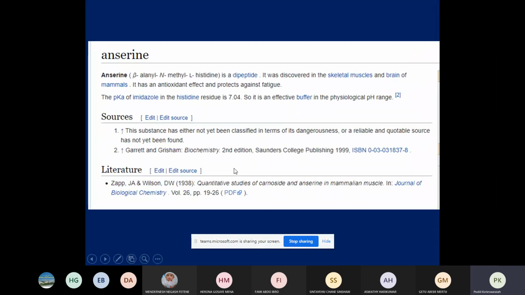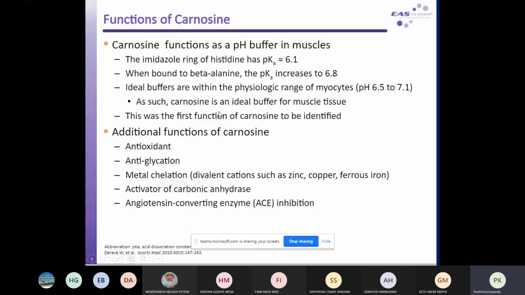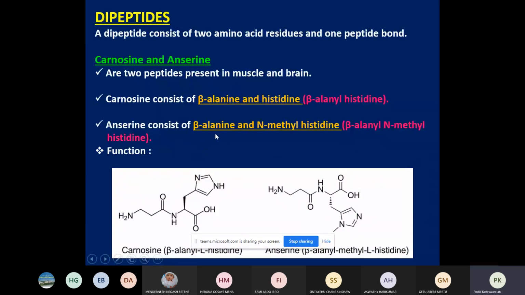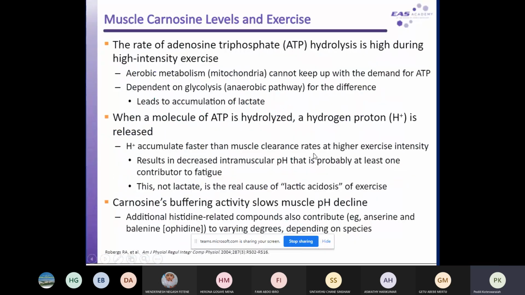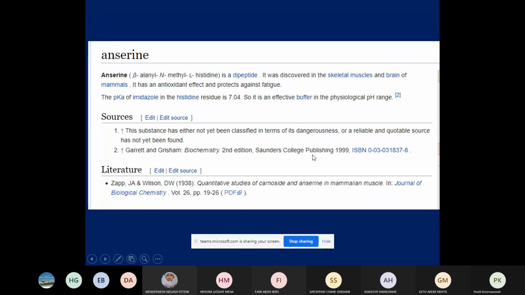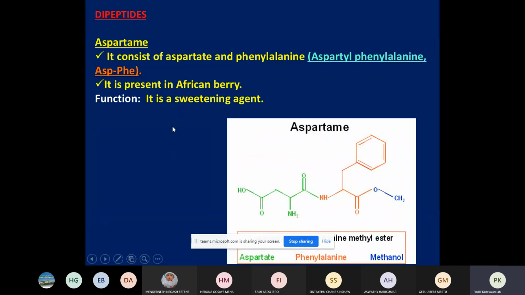In the same way, anserine, composed of beta alanine and N-methyl histidine, also has important functions. It protects against fatigue, and it also has an antioxidant function.